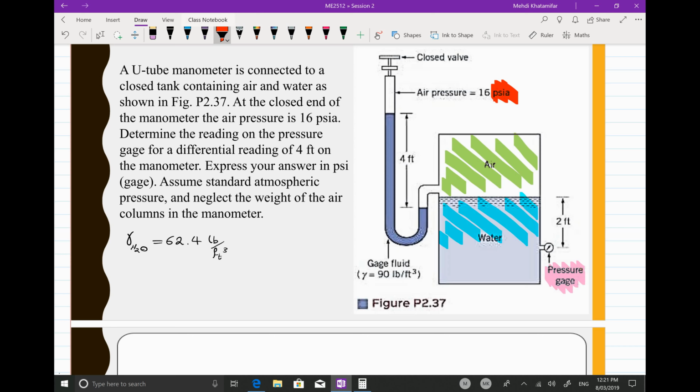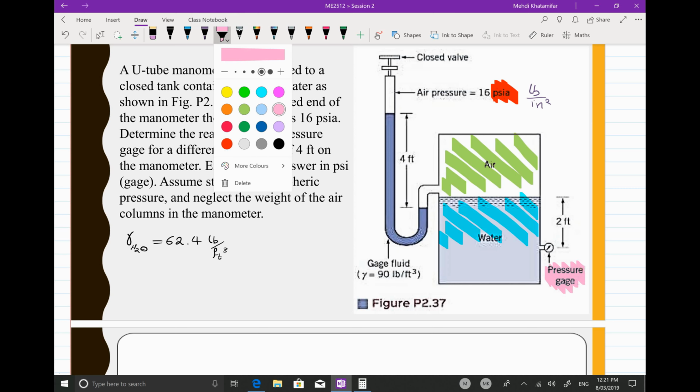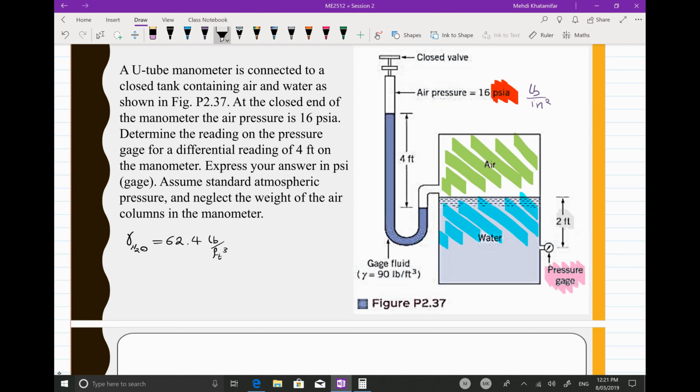Let me write it to make sure you understand: pound per inch square. If you check the other length units, everything is in terms of feet. This is feet. This one is feet. Here it is feet. Even here it is feet. So all lengths are in terms of feet except this one, which is inch. So remember, you must convert that inch to feet.